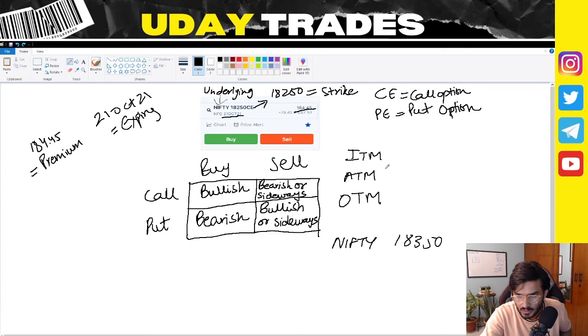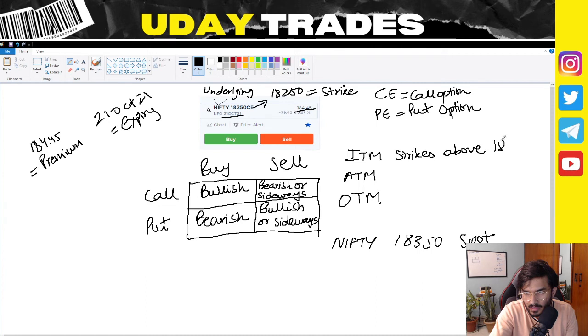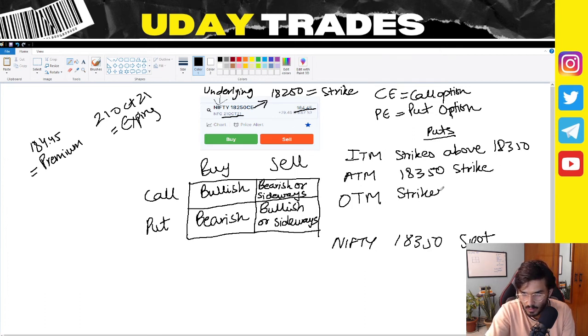For example, the spot is again at 18,350, and the put options in the money will be strikes above 18,350. 18,350 will be at the money, and strikes below 18,350 will be out of the money.